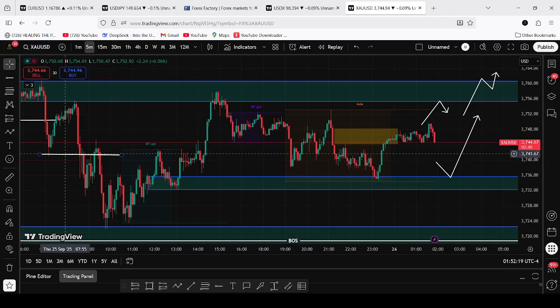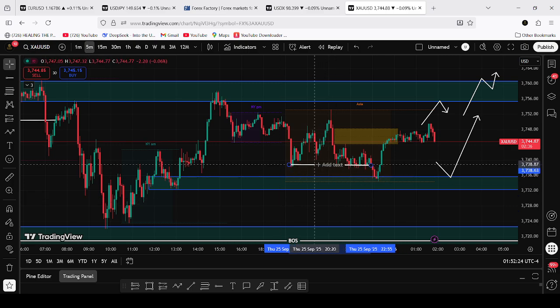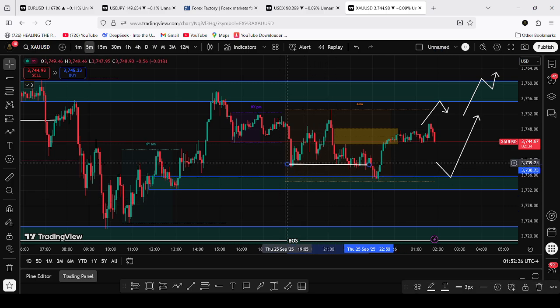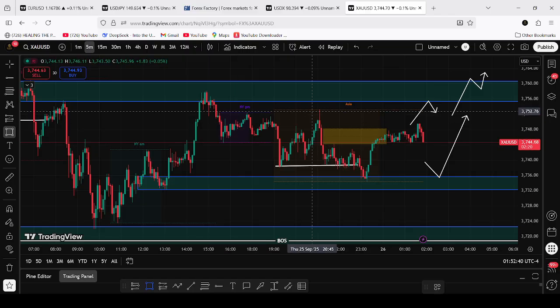At this point we can see there was a break of market structure, and that's what the market has reacted to.